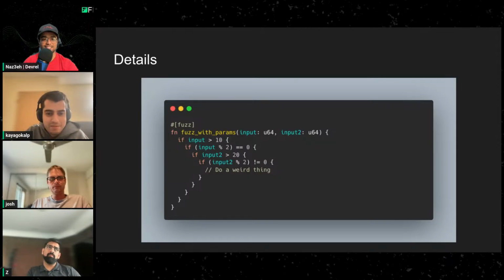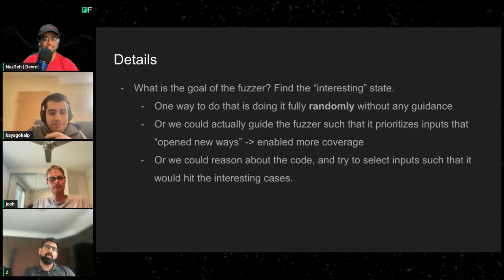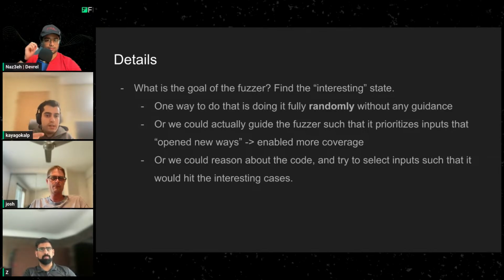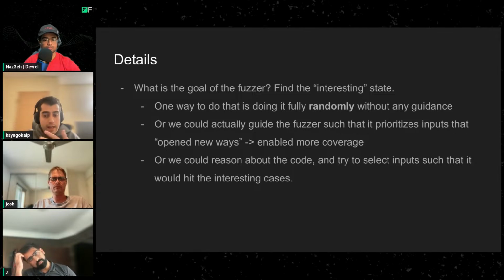As we discussed, the final phase would be, and we are still trying to decide whether we should do this or not, a more clever way of doing this, which is that we can use SMT solvers to reason about the code and try to select the inputs even more cleverly than the coverage guided fuzzer.